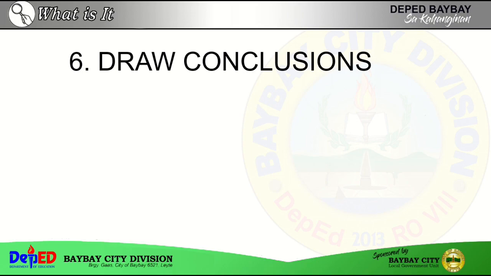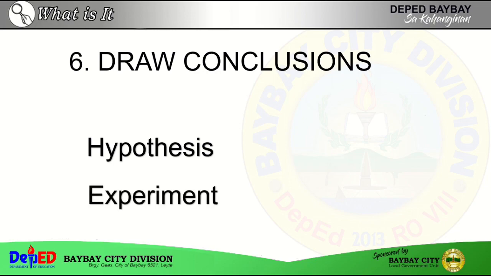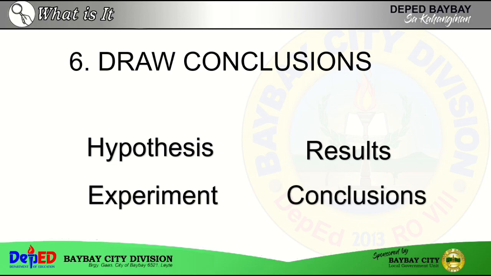The sixth step is draw conclusions. This is the opportunity to talk about your hypothesis, your experiment, your results, and your conclusions, which is the final answer to your problem or experiment.